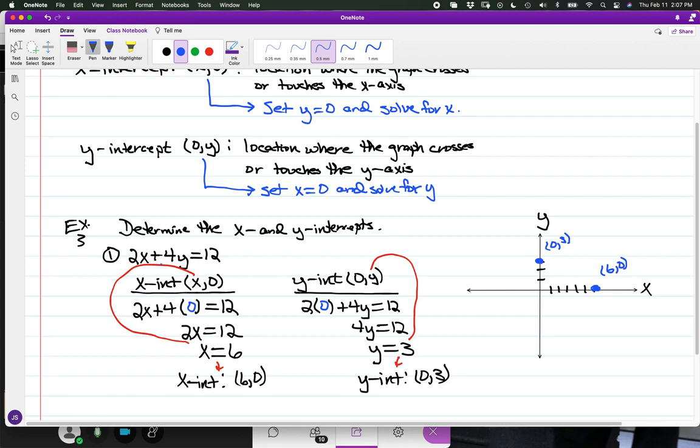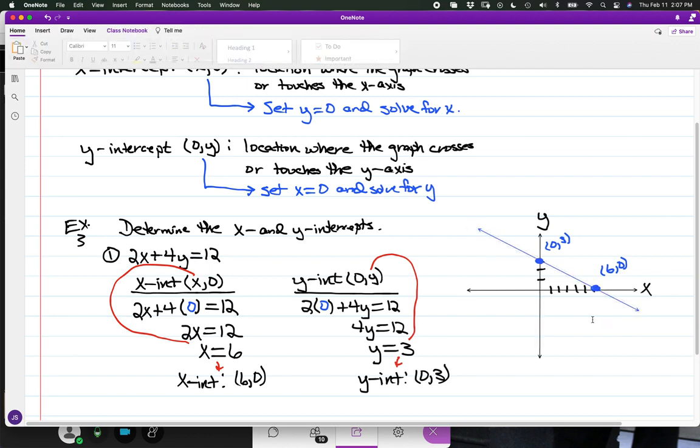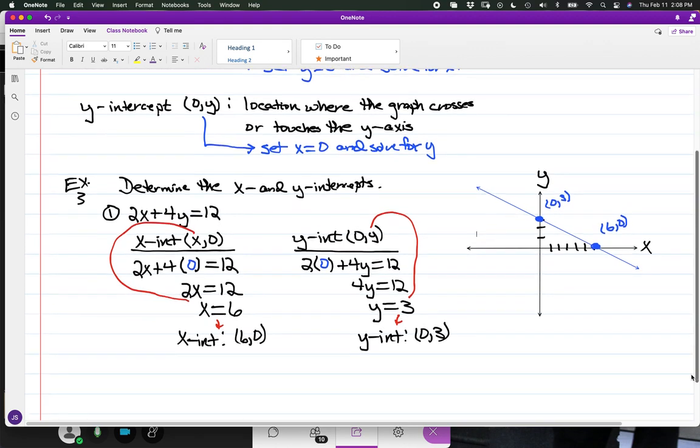Of course, the line that represents 2x plus 4y equal to 12 is a straight line, and it goes through these 2 points among infinitely many others. Out of those infinite points, there are only 2 intercepts, one on the y-axis at 0, 3 and the other on the x-axis at 6, 0.